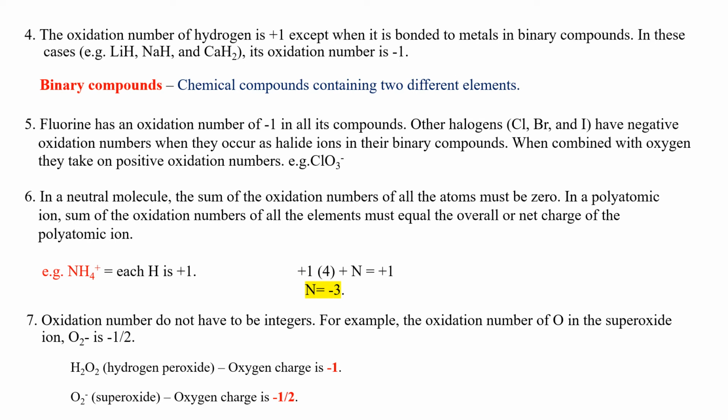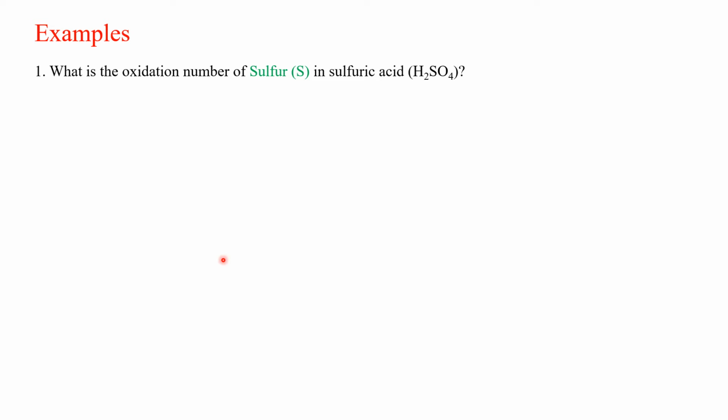Now let's go and find out a few examples based on this set of rules. First one: what is the oxidation number of sulfur in sulfuric acid? Sulfuric acid, H2SO4, is a strong acid.